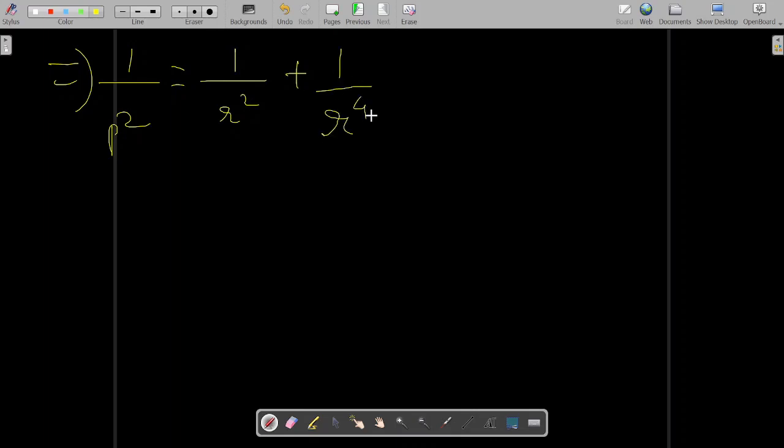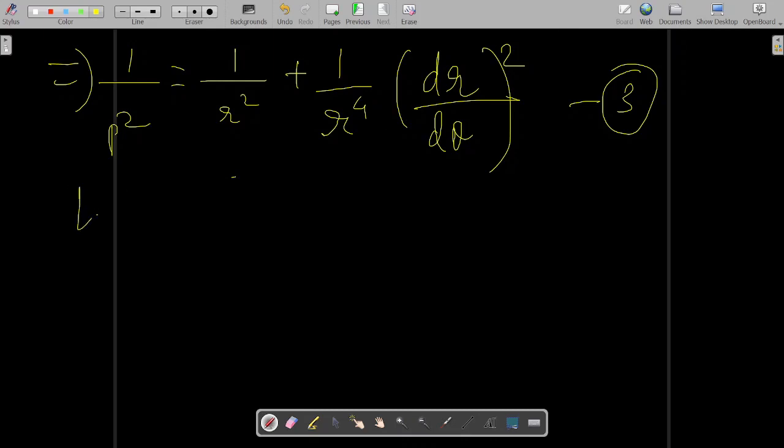The equation 3 which you got is this: 1 over p square is equal to 1 over r square plus 1 over r power 4 dr by d theta whole square. Now this is your equation 3.